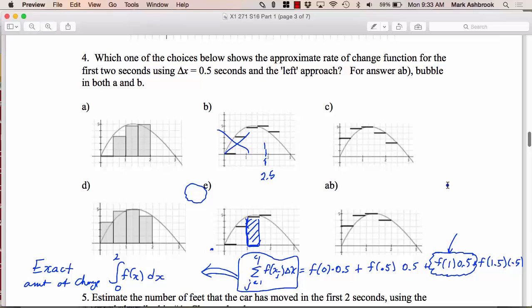But that's only because of the way that we choose to graph things at right angles to each other. This way is our change in x, and this way is our value of our function. So it's not a deep meaning the way that we want to focus on rate of change. It's just incidentally we get this geometric result that each one of these is the area of a rectangle.